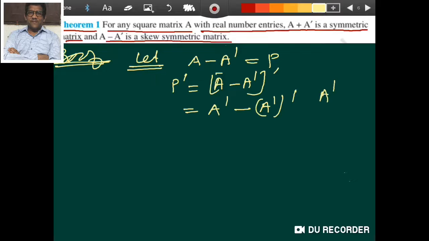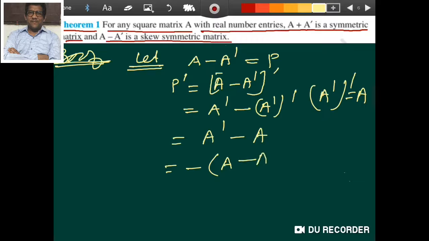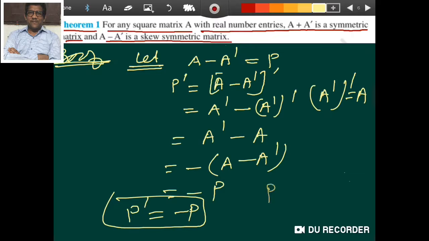We know that A dash dash is equal to A. So here we get A dash minus A, which is equal to minus (A minus A dash). So P dash is equal to minus P. It means that A minus A dash is a skew symmetric matrix.